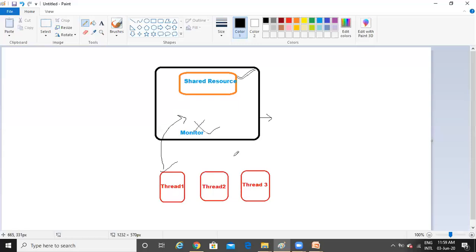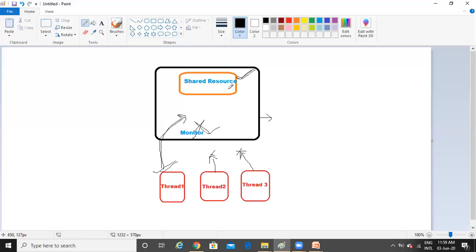Again, I repeat this point. If thread 1 wants to access this shared resource, it has to enter the monitor and lock this monitor. Whenever a monitor is locked, if any other thread tries to enter the monitor, it cannot enter, because the monitor is already locked by thread 1.